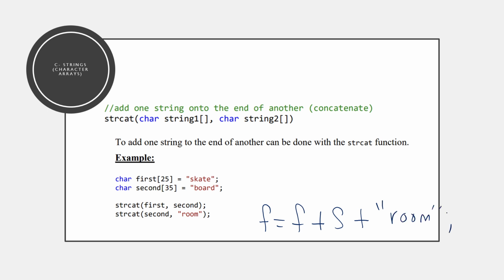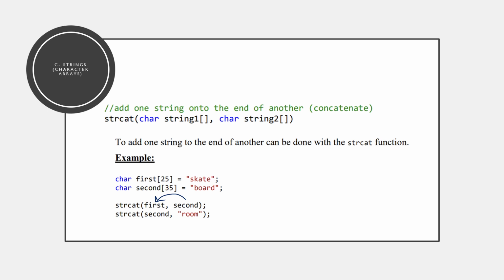Maybe that's F is for first. I can write it out for you. So if you wanted to turn your word into skateboard room, you would have to do it with two instructions. First, you take skate and put board onto the end of the skate, and then this is going to make two different words.